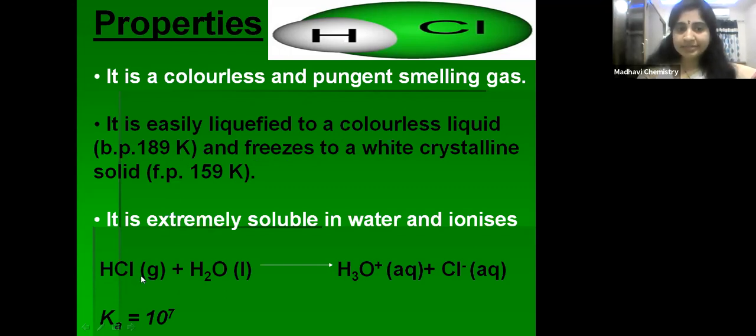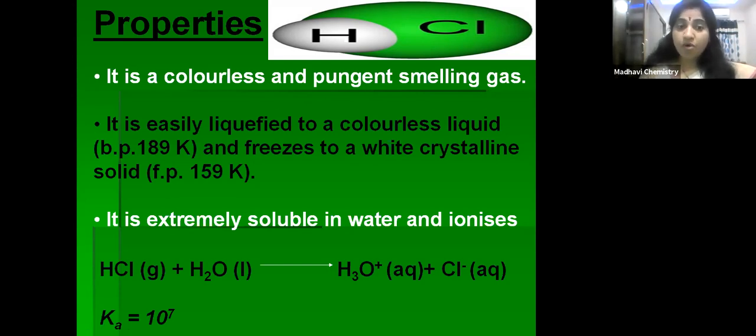See here, HCl plus H2O gives rise to H3O plus and Cl minus. So we know, children, hydrogen chloride gas is not an acid, because it will not give H plus ions. The substance which gives H plus ions is called an acid, but dry hydrogen chloride gas is not an acid. It will not convert blue litmus to red.